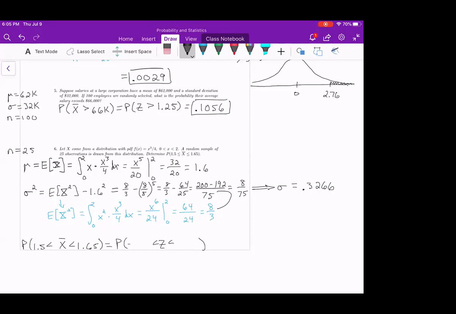So I'm getting negative 1.53 for the left. And 0.77 for the right.